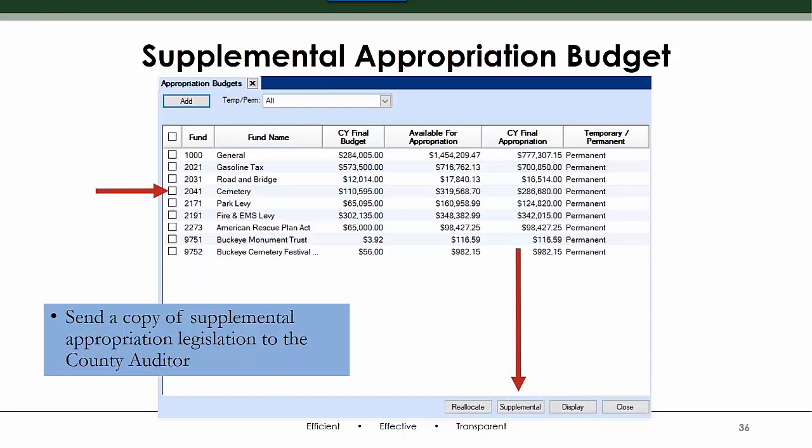It would look like the other one. At last night's meeting, the board adopted resolution number, for supplemental appropriations in the amount of $5,000 to the cemetery fund. You are not requesting an amended certificate. You are informing them your board increased appropriations, but you have not exceeded your resources available.